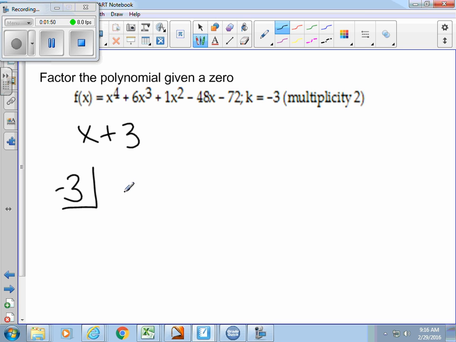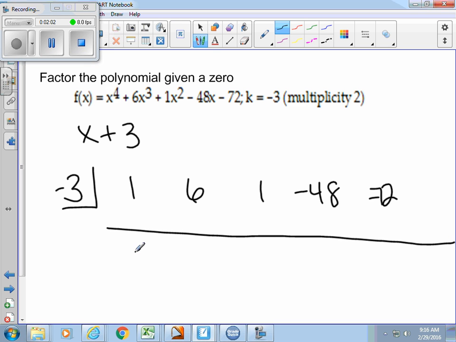What are my coefficients? Okay, so I'm going to divide that out. I get 1, negative 3. How are we doing on synthetic division? I'm getting to where I'm going a little faster. Are y'all okay with that?